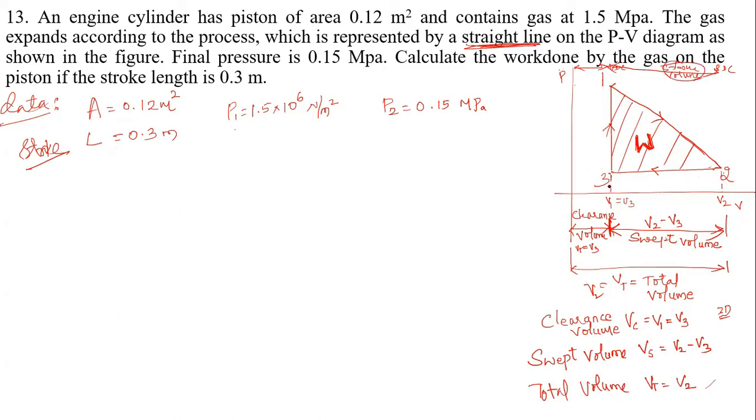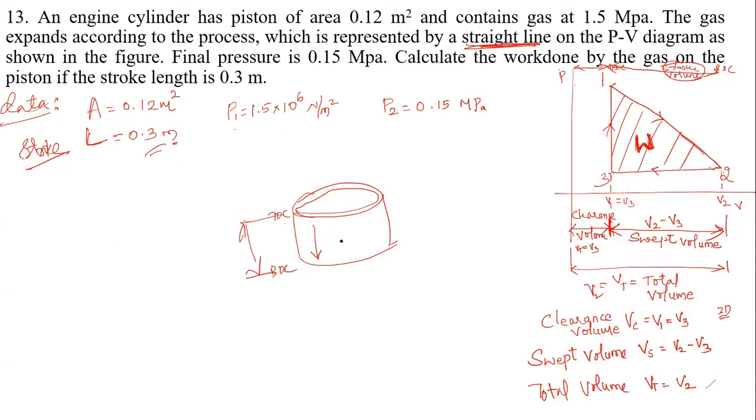That means it's not V2 minus V3. I give the notation L. You can write it in meters also. The piston will be in a cylinder, a piston and cylinder arrangement. If this is the top dead center and this is the bottom dead center, if there is a piston here, it will move from one dead center to the other. If it sweeps the volume, then you call it swept volume. Or else, if I look at one particular view, then the distance traveled from top dead center to bottom dead center, you call it stroke.